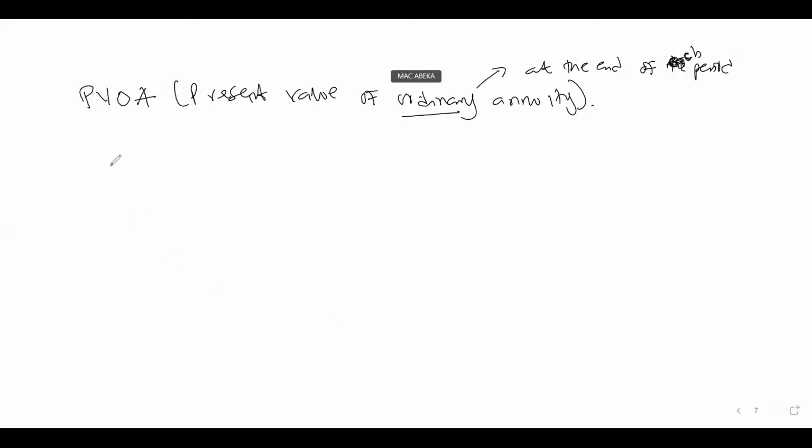So they say that the present value of ordinary annuity should be equal to the amount, into brackets, 1 minus 1 plus r raised to the power minus n, all over r.